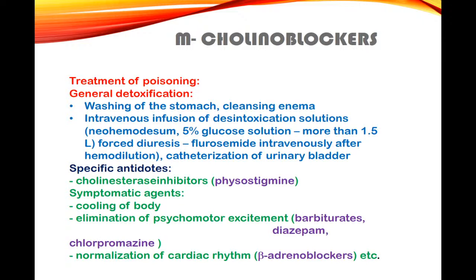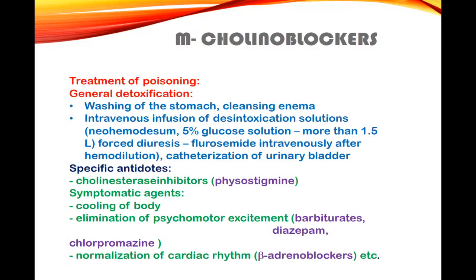Atropine can be helpful in poisoning by any M cholinomimetic or cholinesterase inhibitor, but not the contrary. If atropine is introduced, it tightly binds to the receptor, and no agent can stop this interaction. That's why, in principle, there is no specific antagonist.